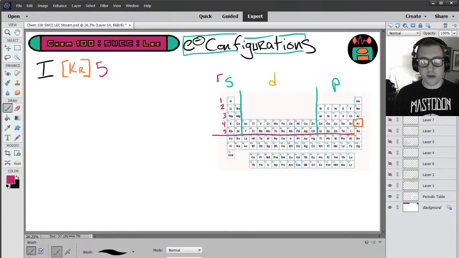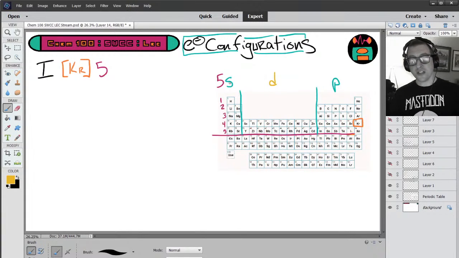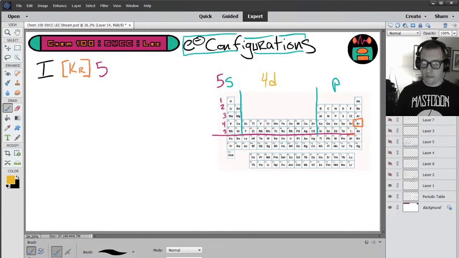We start on the 5th period, so we know that iodine will have 5s electrons, but then we cross from the S to the D. We've got to drop our D down by 4, but remember, when we get back over to the P block, the energy level for the S and P subshells will always be the same.